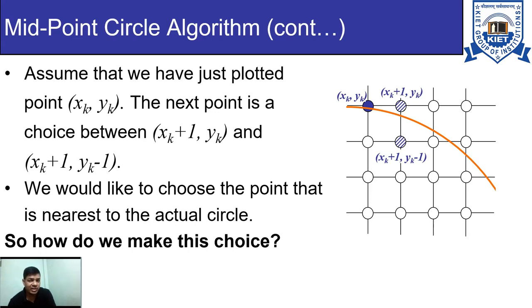And now what about the y value? The y value will be yk minus 1 by 2, because the point is between yk and yk minus 1. And obviously if a point is between yk and yk minus 1, then the midpoint will be at yk minus 1 by 2.